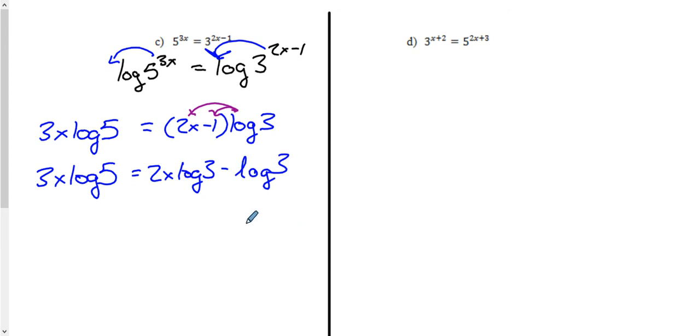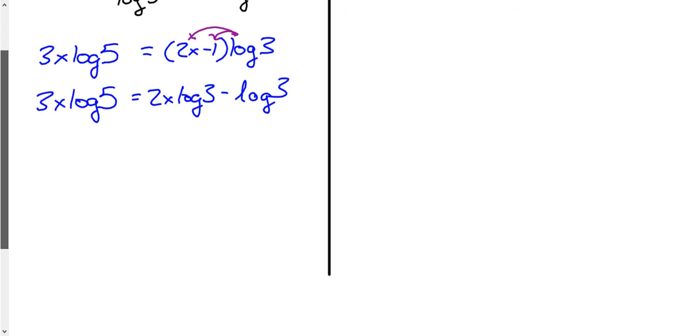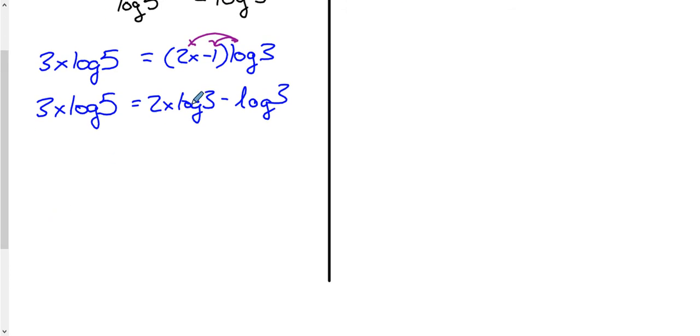And from here, what I still want to do ultimately is find x. Reminder that we were trying to solve this question, so ultimately we want to find x. So what can I do? I'm going to move all of my x terms to the left and keep everything else on the right. This second term here doesn't have any x's in it, so I'm just going to keep it alone. This I'm going to move over, so I'm going to subtract this logarithm from both sides.